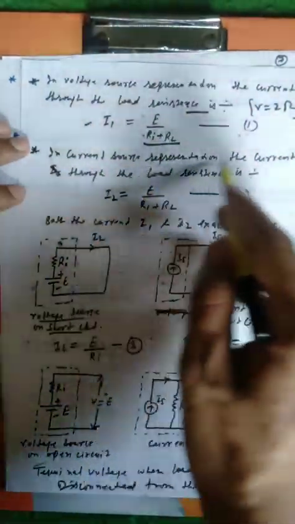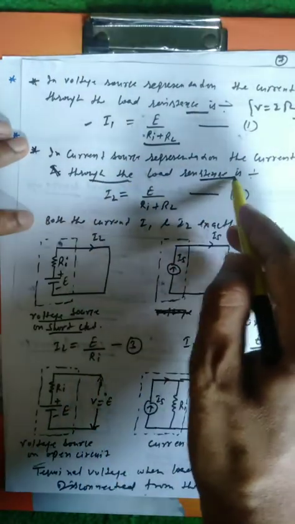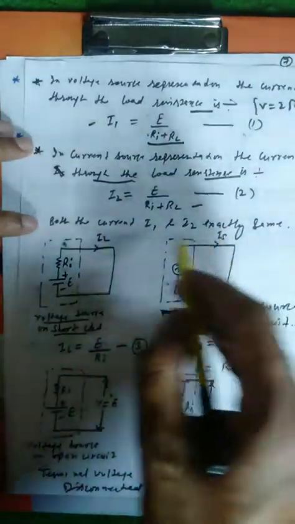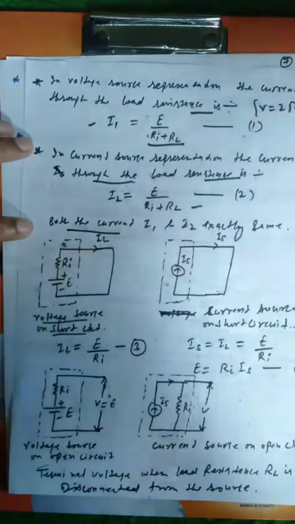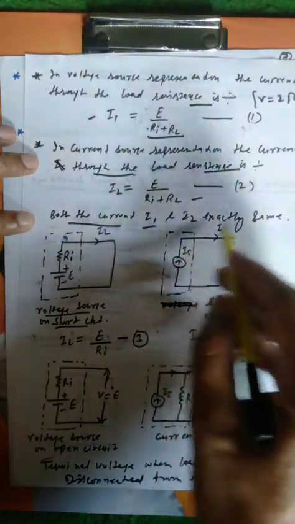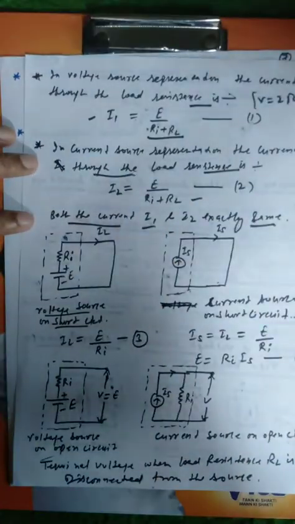And in the current source representation, the current through the load resistance is I2, that is voltage upon Ri plus RL, the same. So we can say that in both the voltage source and current source, the load current has exactly the same value.